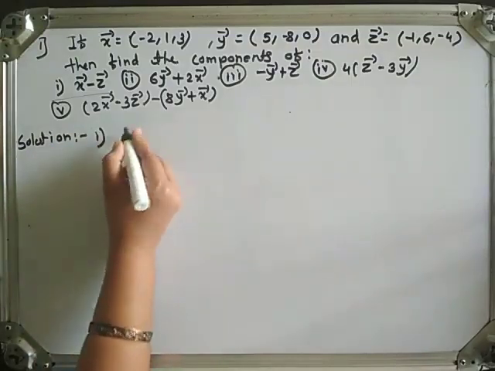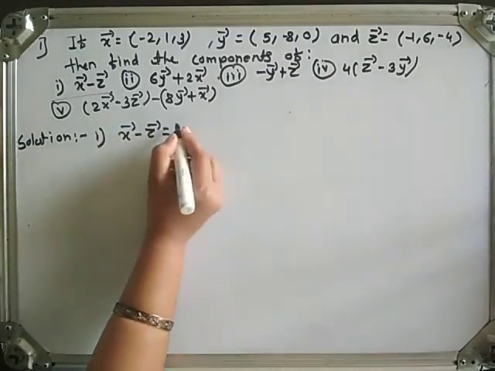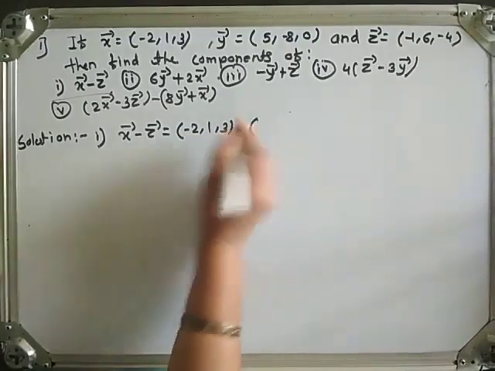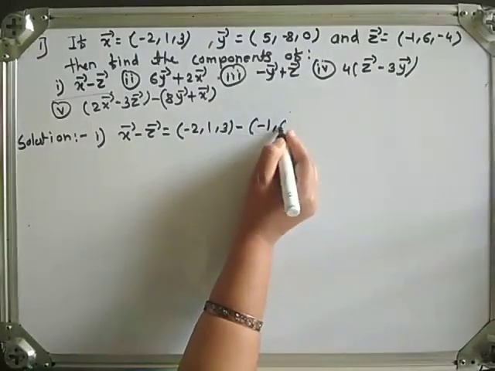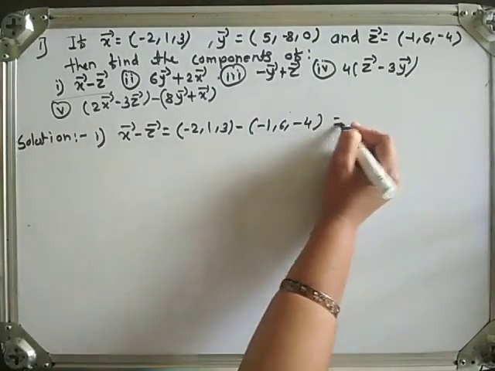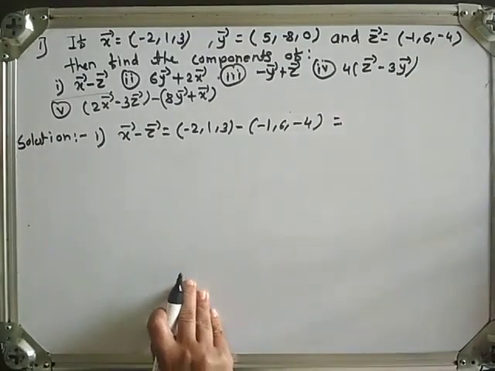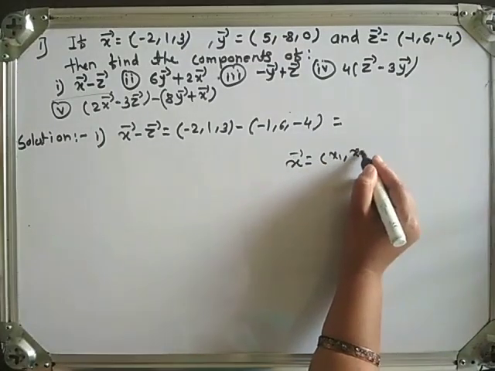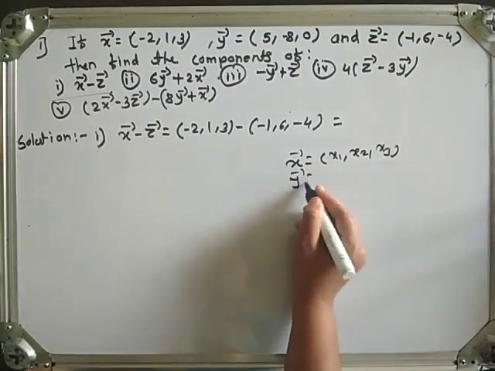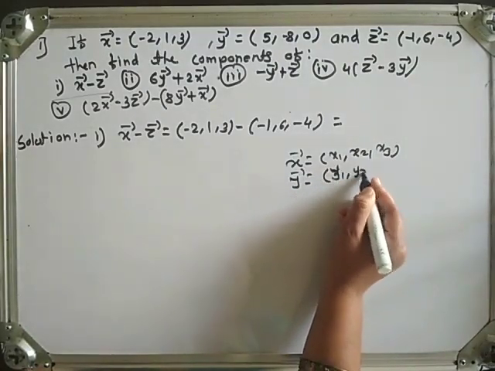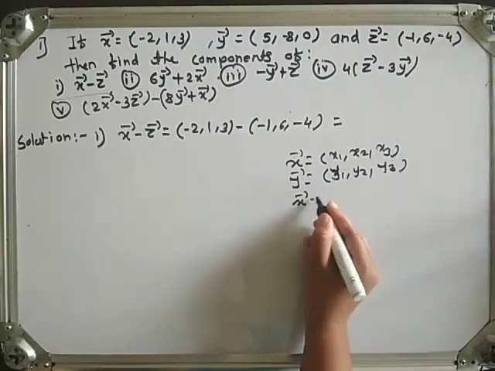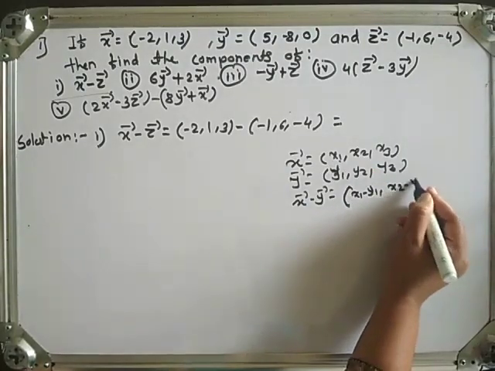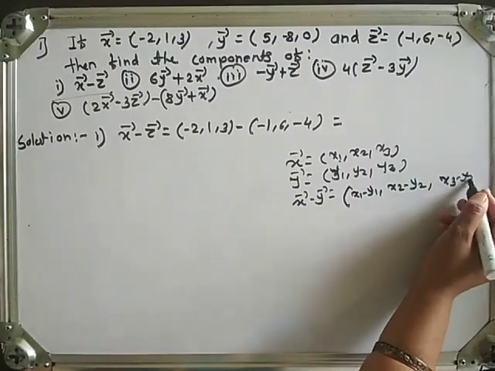X bar minus z bar is equal to x bar, vector (-2, 1, 3), minus z bar, vector (-1, 6, -4). In the previous video we have seen that if x bar is vector (x1, x2, x3) and y bar is vector (y1, y2, y3), then x bar minus y bar is (x1 minus y1, x2 minus y2, x3 minus y3).